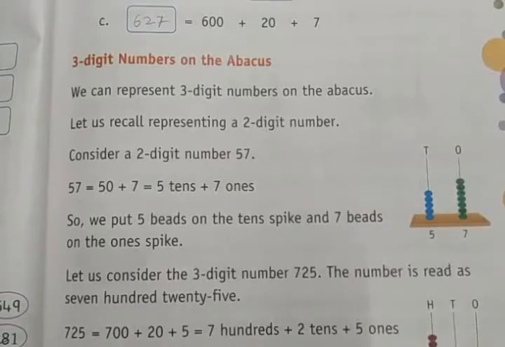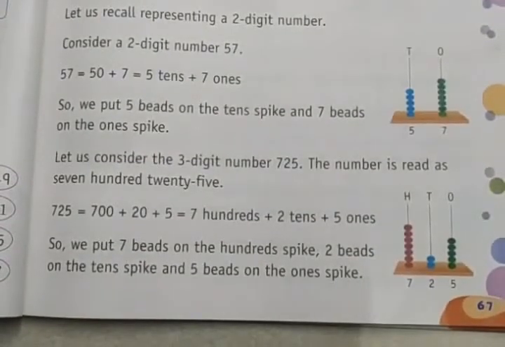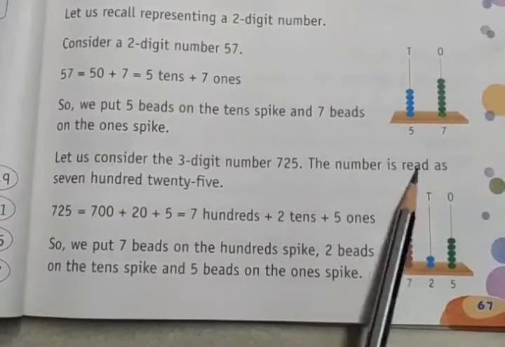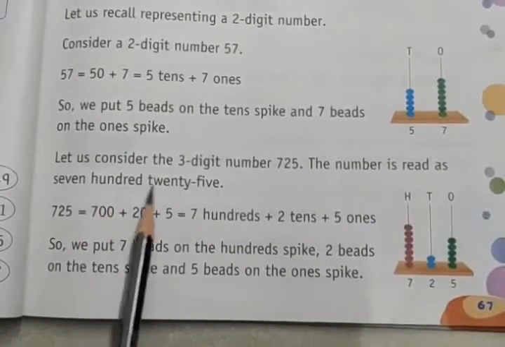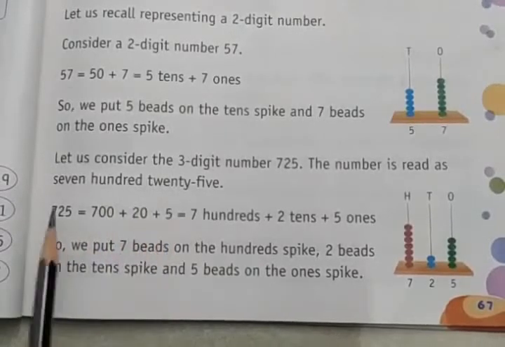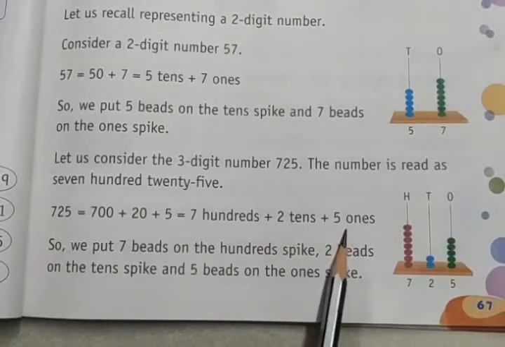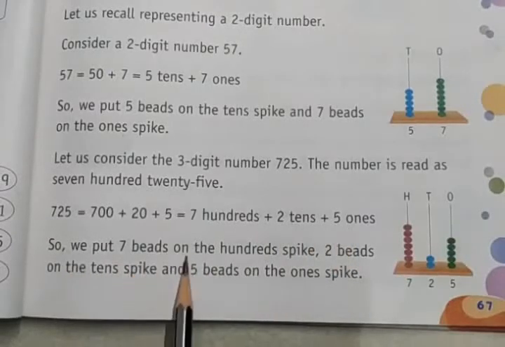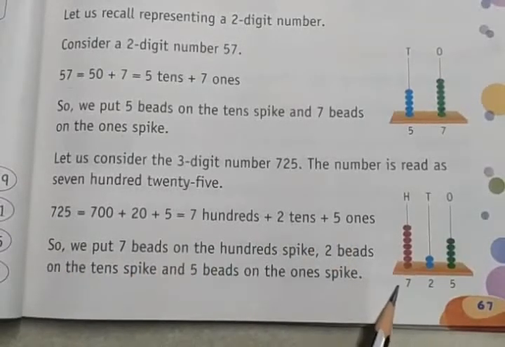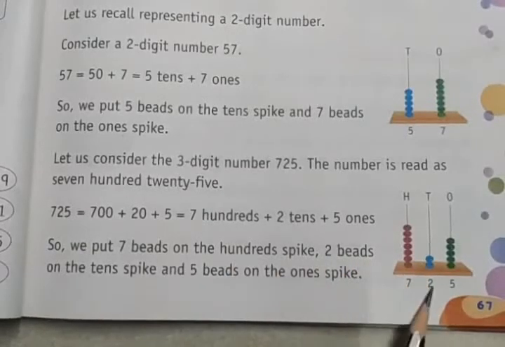Let us consider the 3-digit number 725. The number is read as 700, 2 tens, 5 ones. So we put 7 beads on the 100 spike, 2 beads on the 10 spike and 5 beads on the 1 spike.